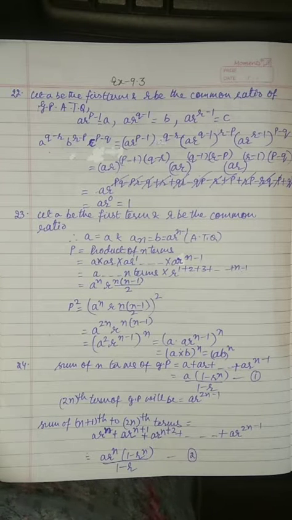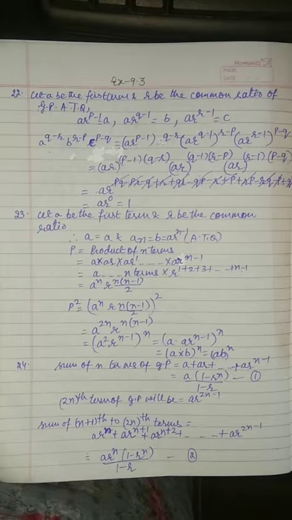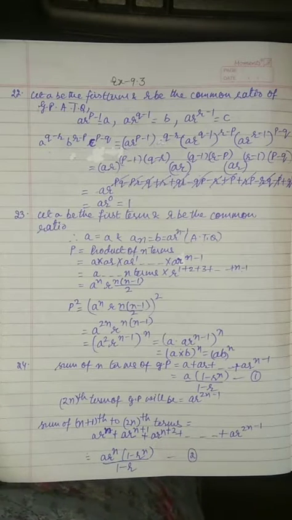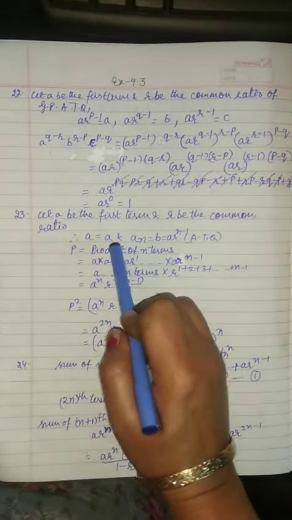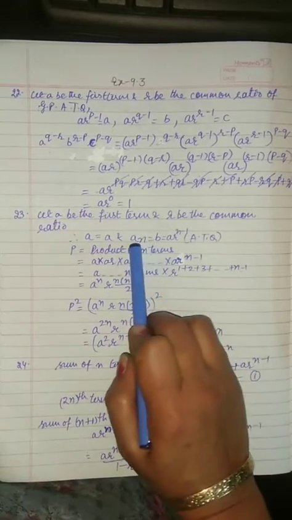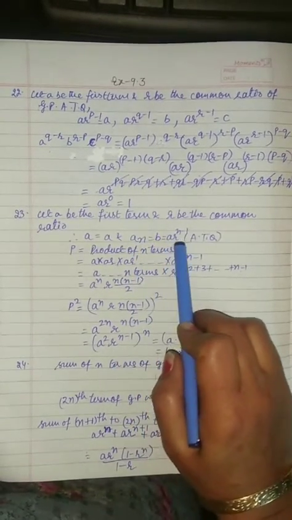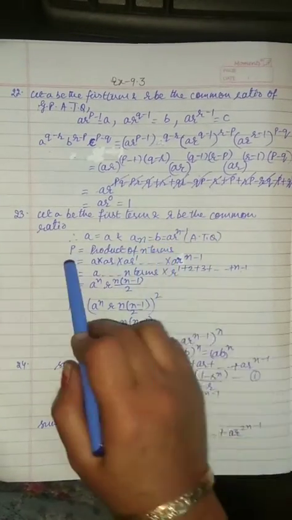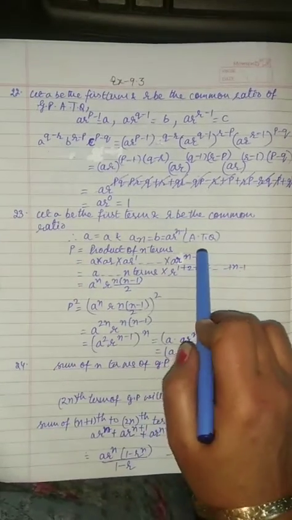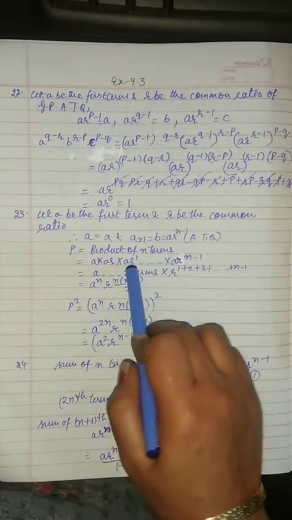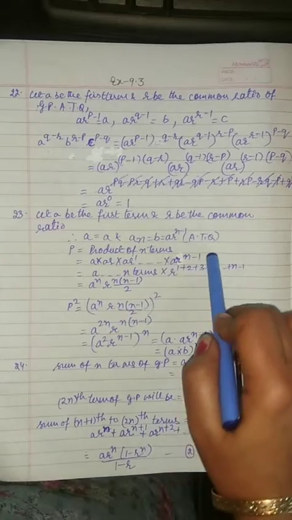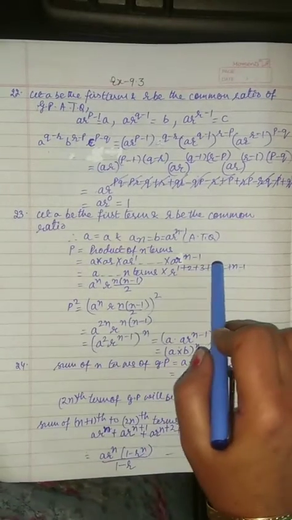Now next question, in the 23rd question we are given the first term of GP is A. That is, first term is A and the nth term a_n is equal to B, meaning AR^(n-1) is B. And P is equal to the product of n terms. It means A, AR, AR^2 up to AR^(n-1), the product of all these terms.